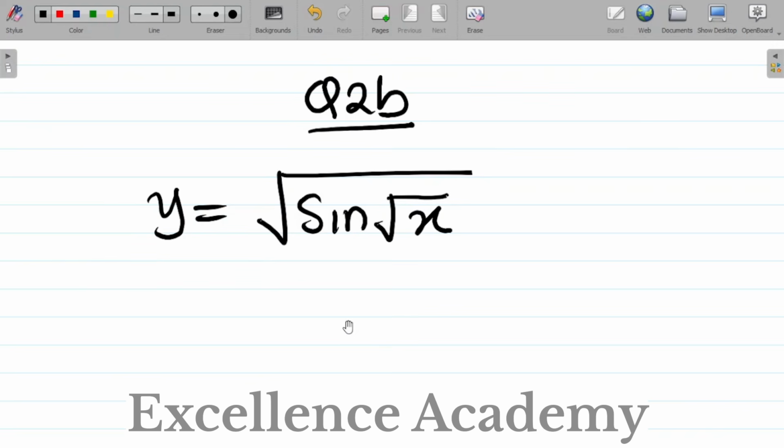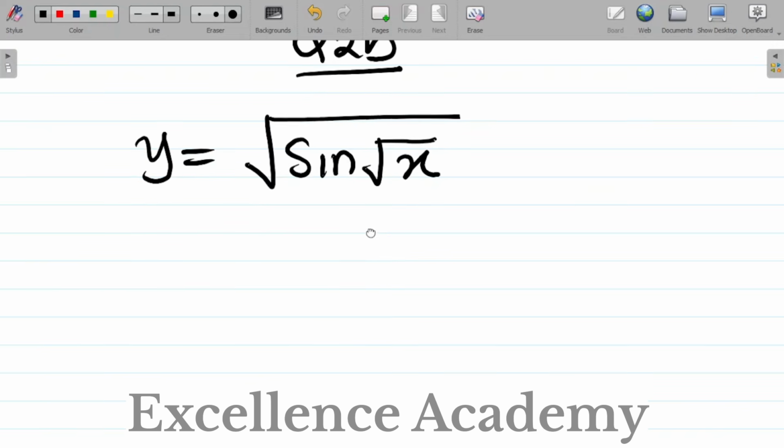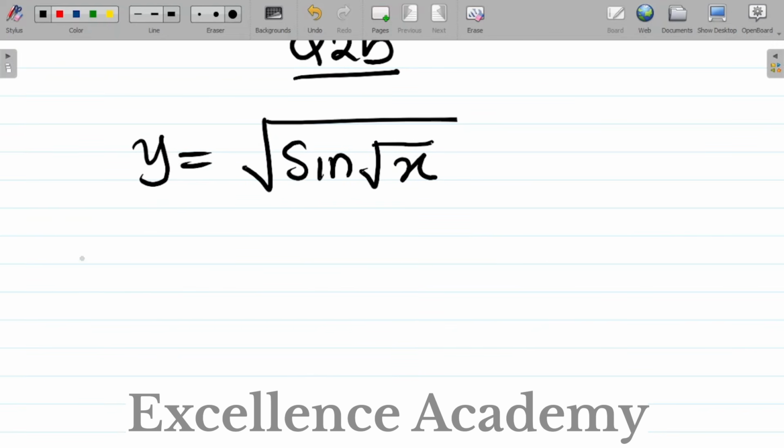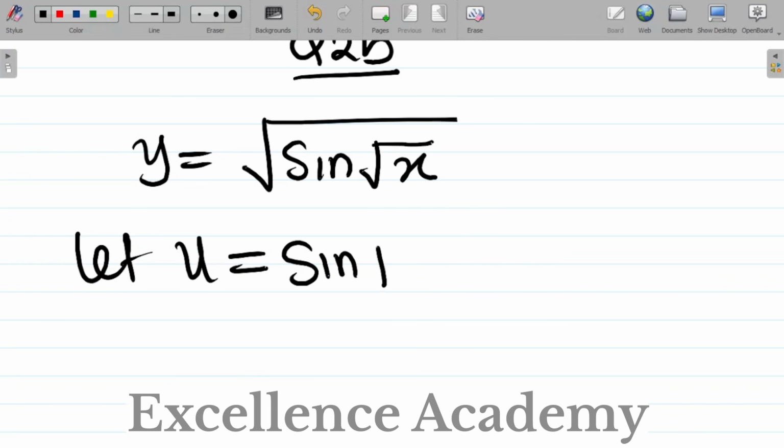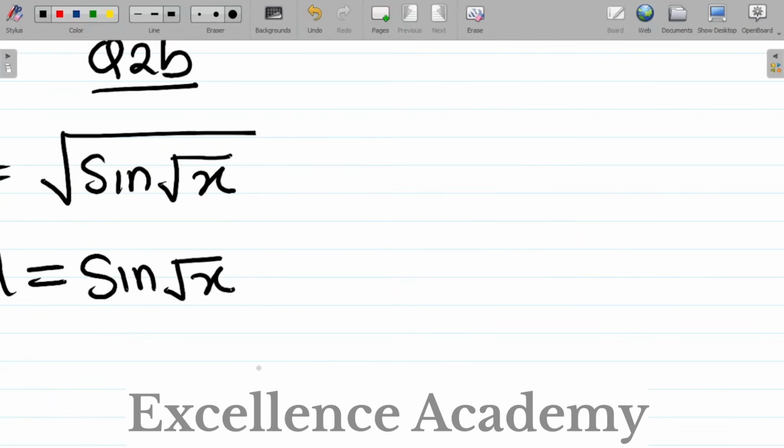Now, for this question, you need chain rule differentiation. So I'll start by saying let u be equal to the term inside this first square root sign, which is sine of root x. Now, from chain rule, my next task is to get du/dx.